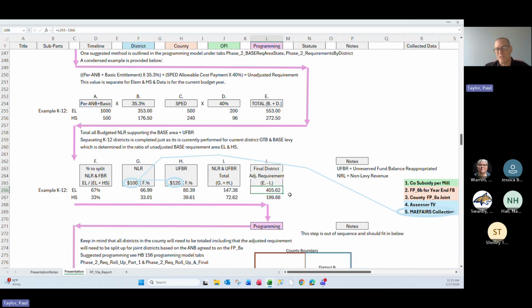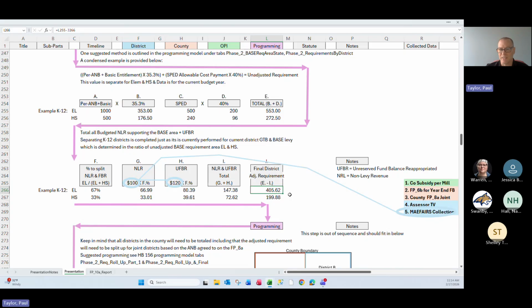These two numbers here, or separately actually, this is what is considered the actual adjusted requirement and is the number that's going to be sent to the county. Because the county is going to do a collection of GTB and levy to support this as one of the districts in their county, and then redistribute those funds out to those districts in their county, similar to what is currently done for retirement GTB.